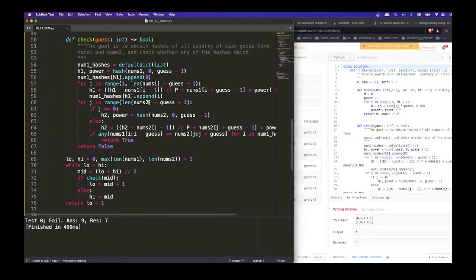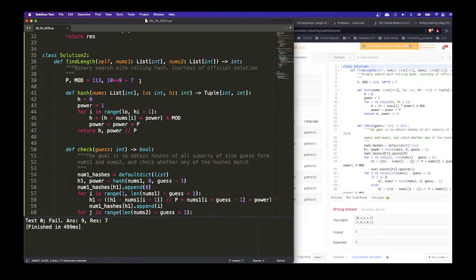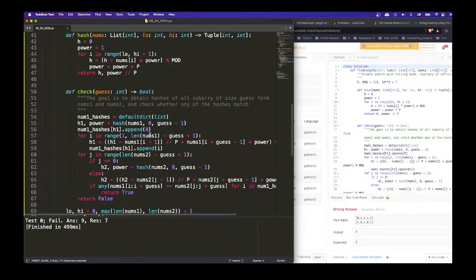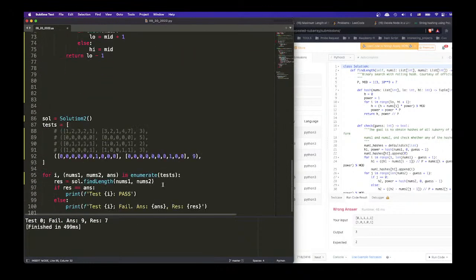Damn. Oh, the power should be the same. Y minus 7. 1, 2, 3, 4, 5, 6, 7. 2, 3, 4, 5, 6, 7, 8, 9, 10.